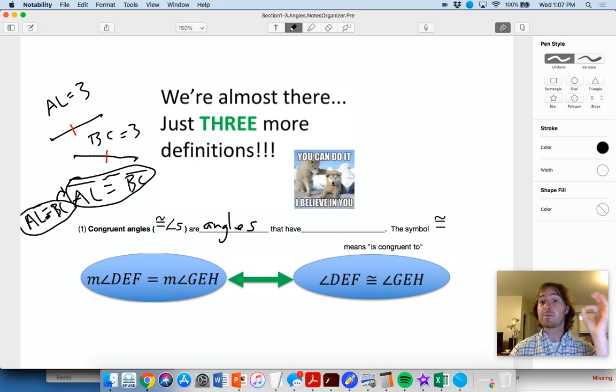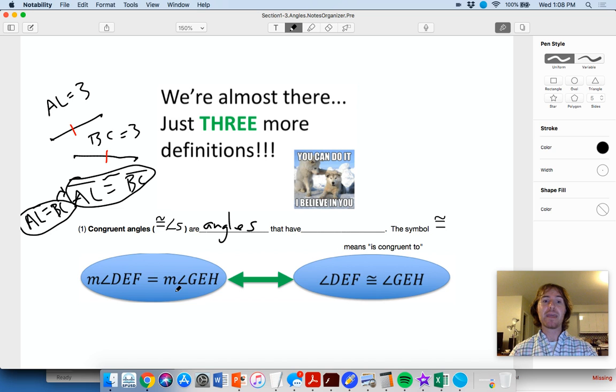When we write AL like this, we mean distance AL or length of AL. Length of AL is 3. Length of BC equals 3. If segments have the same length, then they are congruent by definition. That's the definition of congruent segments: segments that have the same length.